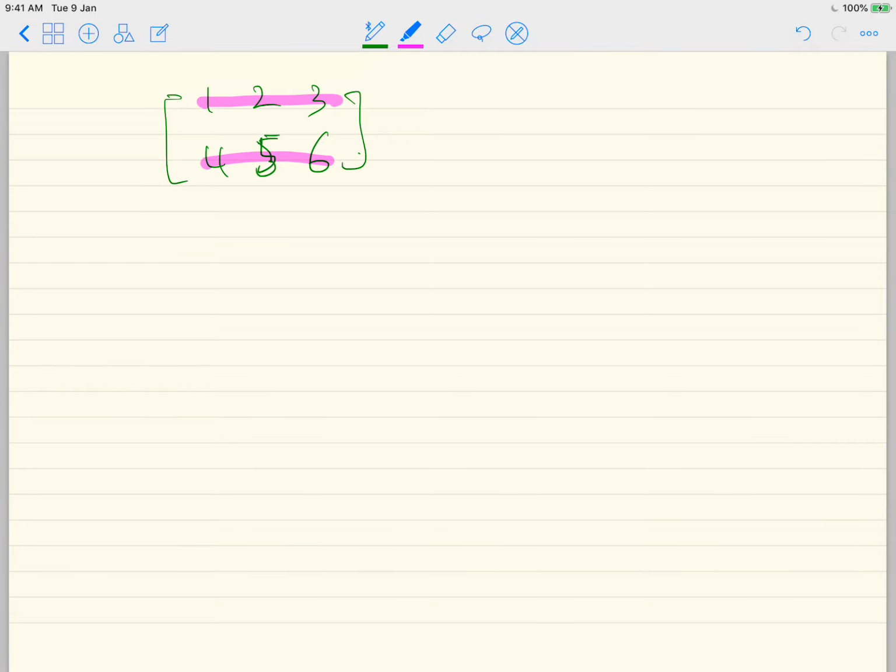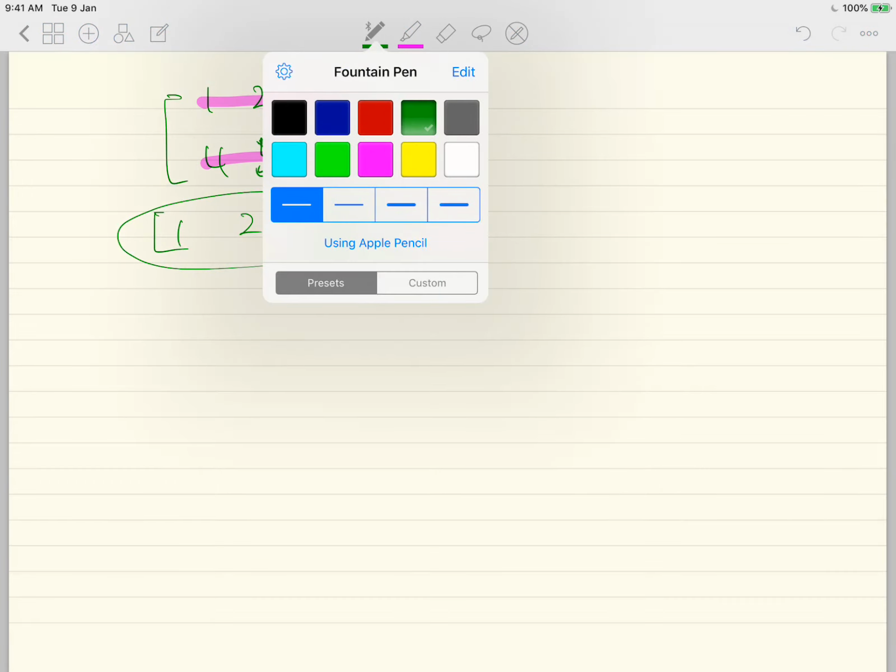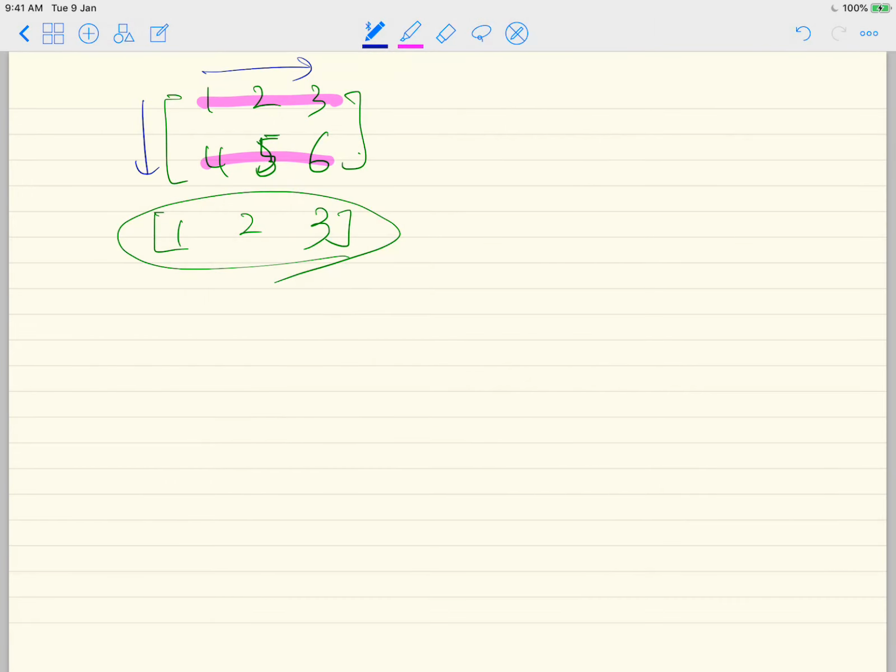And then how about a three-dimensional array of numbers? So what's it called? Does anyone know? So for example, 1, 2, 3. This is only a one-dimensional array, and this is a two-dimensional array.